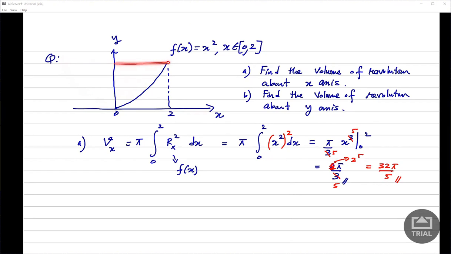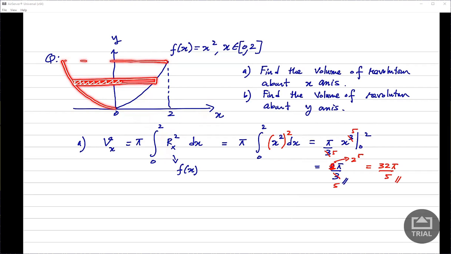To get this area, the base would be y. You can see that. The base should be y, right? When you are rotating around the x-axis, your base is x, right? And you are looking at the height from here, perpendicular, right? Now, when you have something like this, you're looking at this disk.